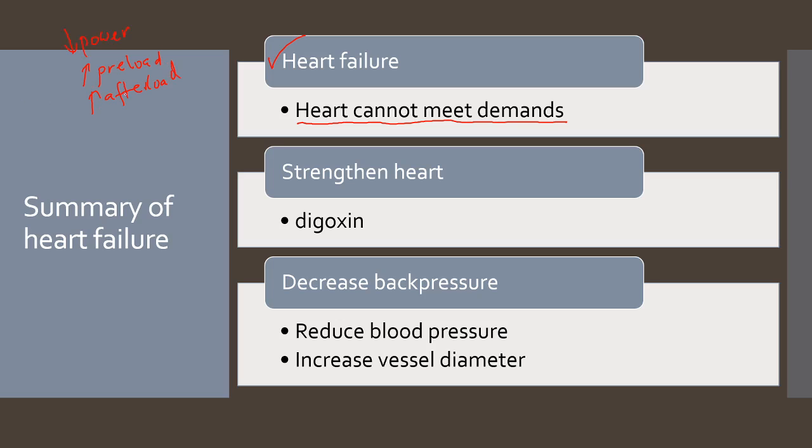And we have this vicious cycle that we need to break. We break the vicious cycle either by strengthening the heart with digoxin, which is made from digitalis, or we can decrease the back pressure by reducing the blood pressure or increasing the vessel diameter.